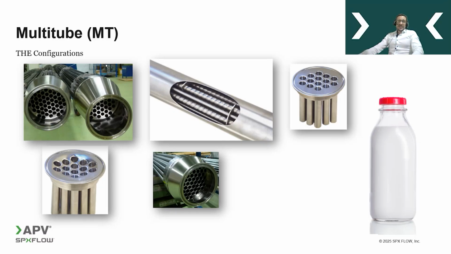As we mentioned before, we can offer it in both smooth and corrugated designs, depending on the product and the process requirements. Even for the same product in just a UHT sterilization system, we could opt to have some tubulars in a smooth configuration and others in corrugated, depending on the step of the process.